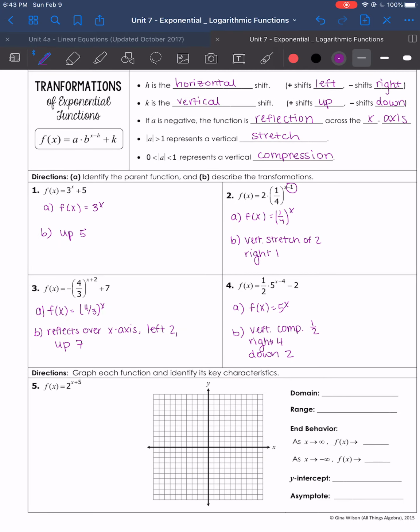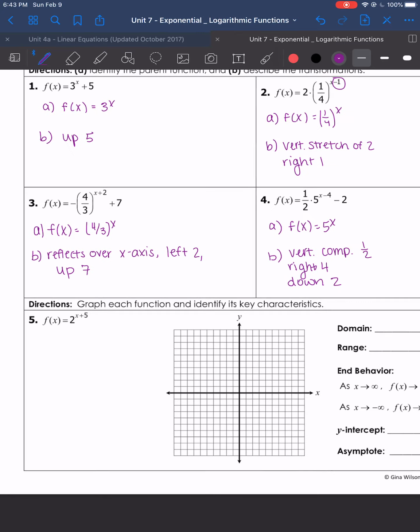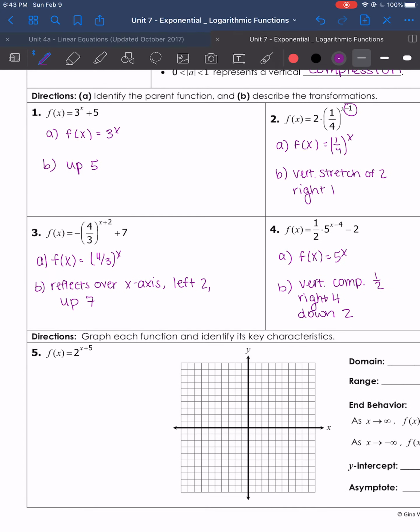Alright, so now we have to graph some. So that's why we wanted to worry about our parent functions first. So this will be 2 to the x, and this will be 2 to the x plus 5.